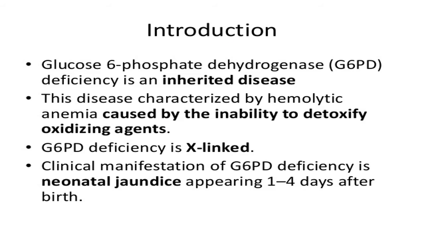X-linked means since the gene for the G6PD enzyme is present on the X chromosome, the deficient gene in a male results in the disease. In females, since they have two X chromosomes and the other chromosome is normal, the disease may not be expressed.